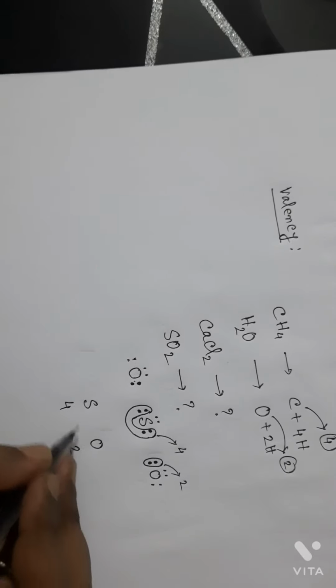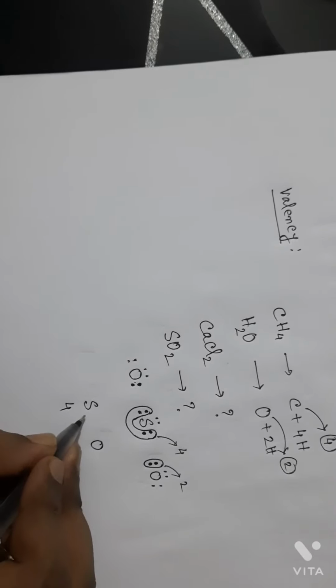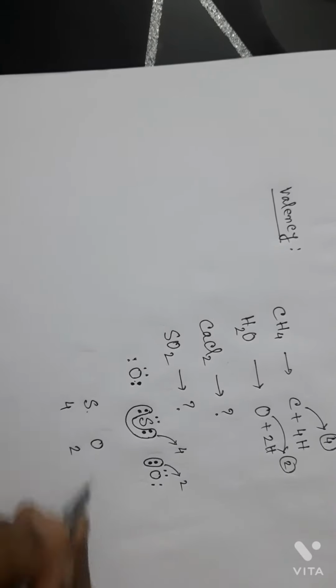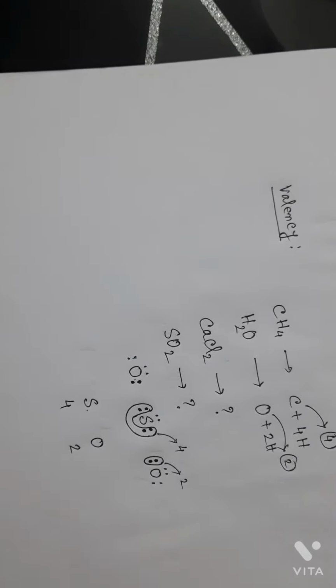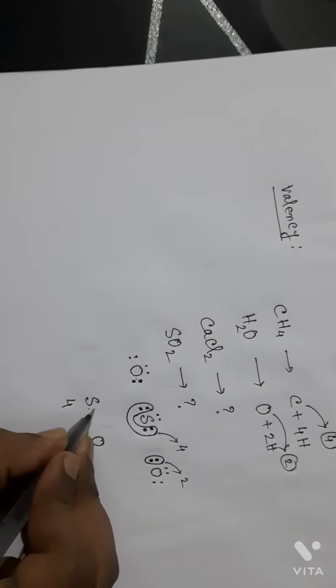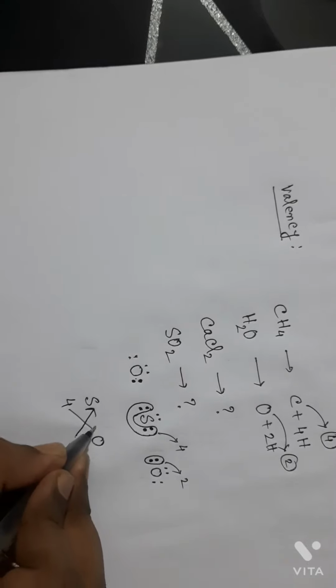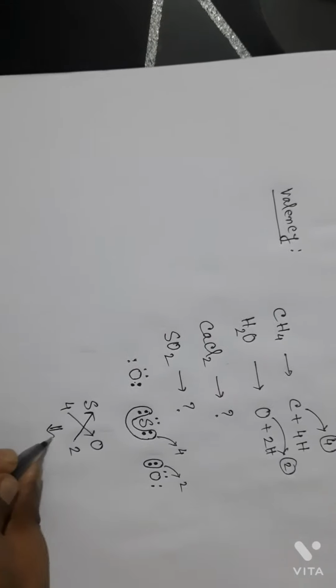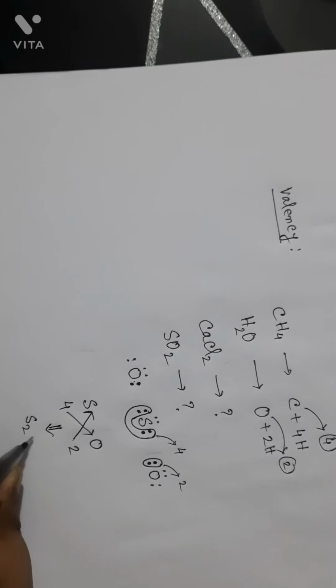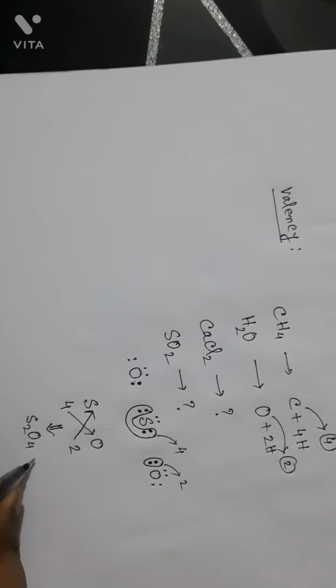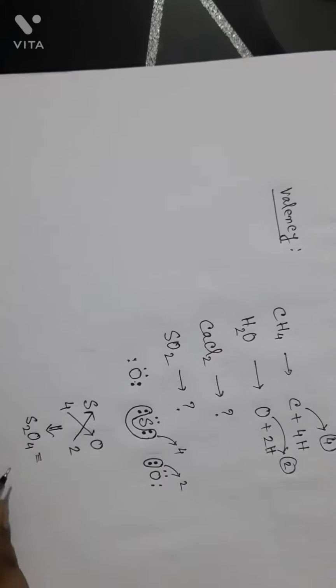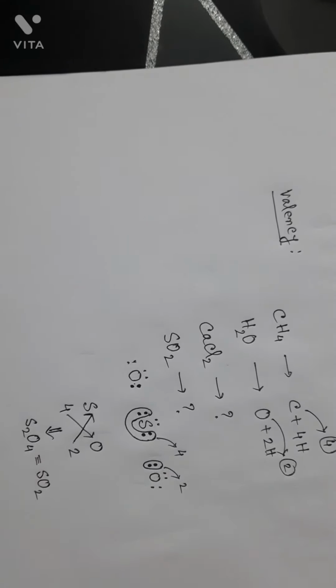So when sulfur dioxide forms, there is a crisscross type of combination. That is, the 2 goes to sulfur and the 4 goes to oxygen, and ultimately they form S2O4, that is, in the simplest ratio it can be represented as SO2.